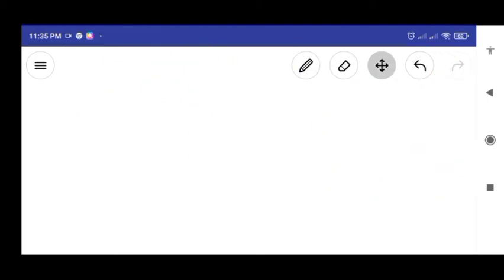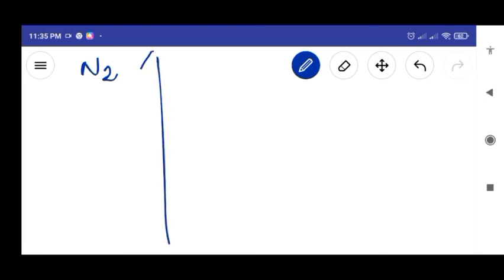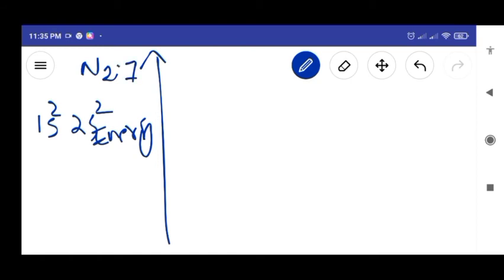We'll see what will happen with nitrogen, N2. For the N2 molecule, same energy on the y-axis, same molecular orbitals. We know the electronic configuration: the atomic number is 7, so 1s2, 2s2, 2p3.